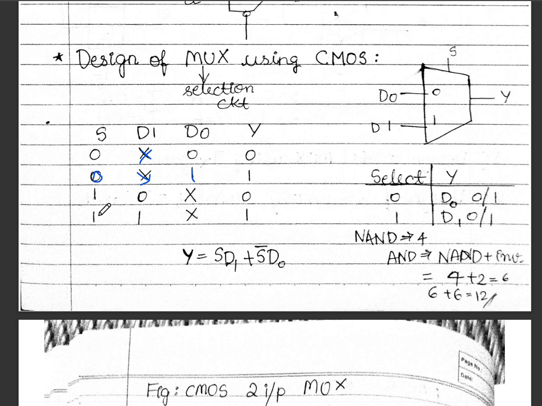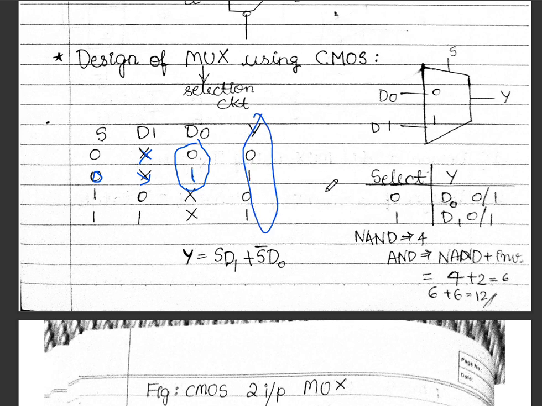Similarly, when the select line is 1, it will depend on the value of D1. When the select line is 0, it will depend on the value of D0. And whatever value is present in D1 or D0, it will be produced at the output.